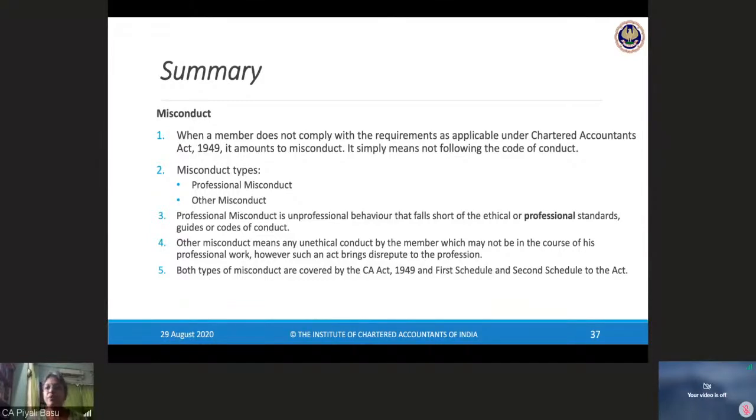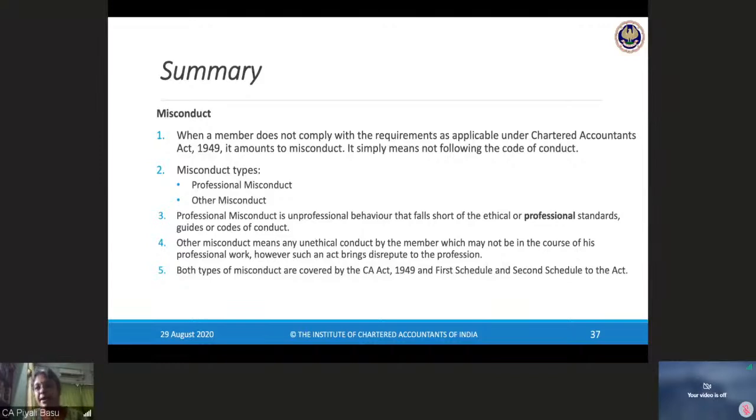Alright? If you are taken to the court of law because you hit somebody, that's other misconduct. That's not professional misconduct. But if you have not checked the documents, or you have disclosed certain confidential information, they are professional misconduct. Okay?